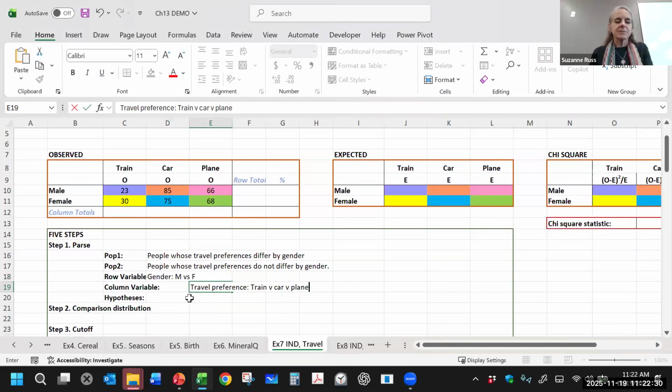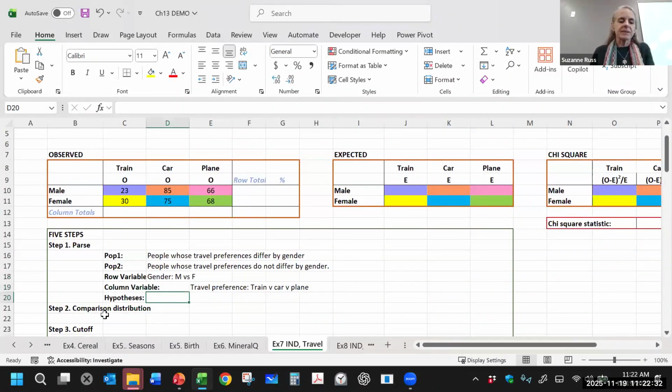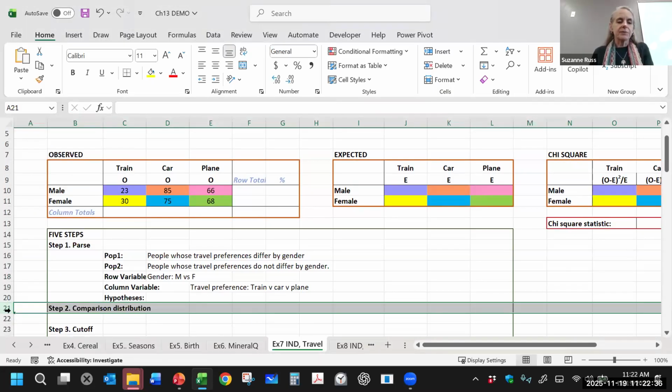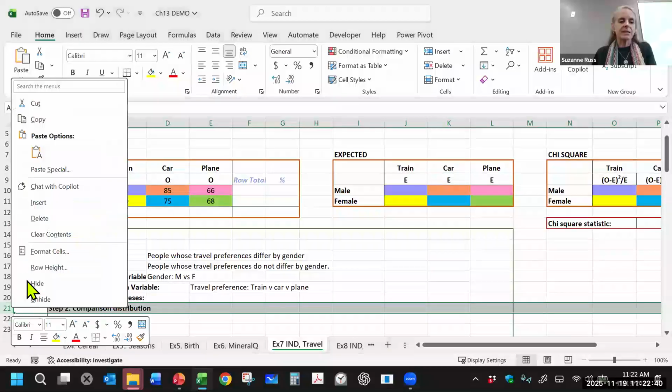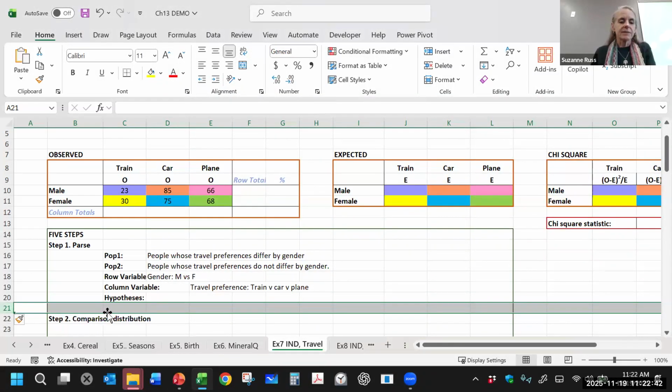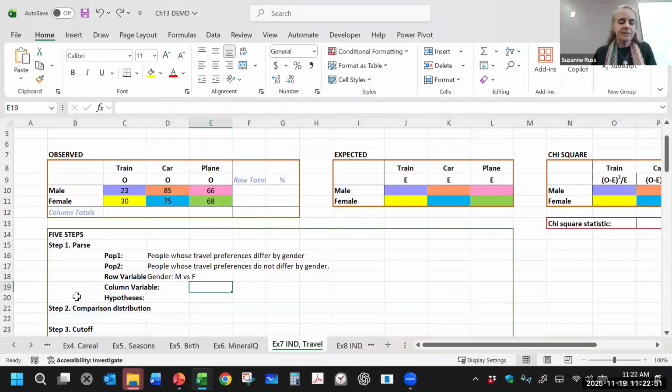Our hypotheses, I think I'm going to add that row again so I can write it out. I'm right-clicking and hitting insert. And I did it in the wrong place, so I'm going to Control Z to get that out. No, that was what I needed to do, so let's do a redo and a redo.